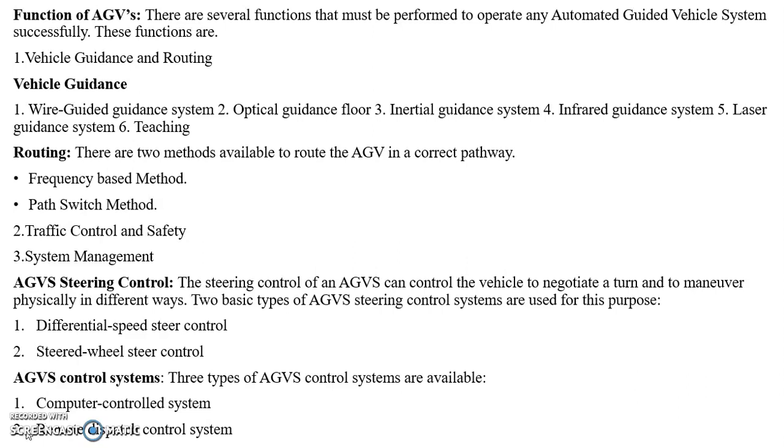First one is wire guidance system, or embedded guide wire systems. In these systems, electrical wires are placed in small channels or cuts in the plant floor that follow the required paths. The buried guide wire is connected to a frequency generator.